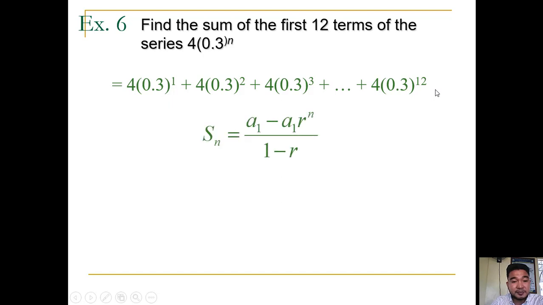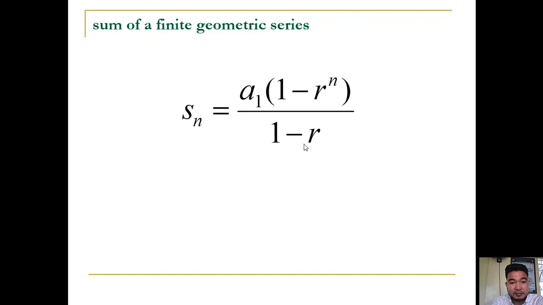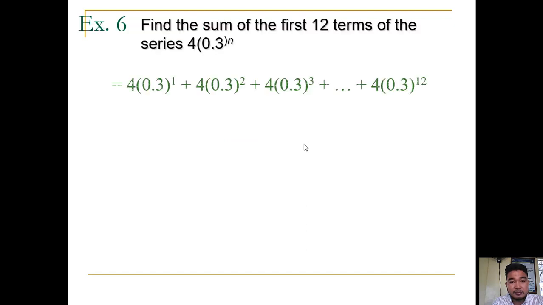And then, kung gagamitan naman natin siya ng formula, S sub n equals a sub 1 minus a sub 1 times r raised to n all over 1 minus r. So we simplify the formula.